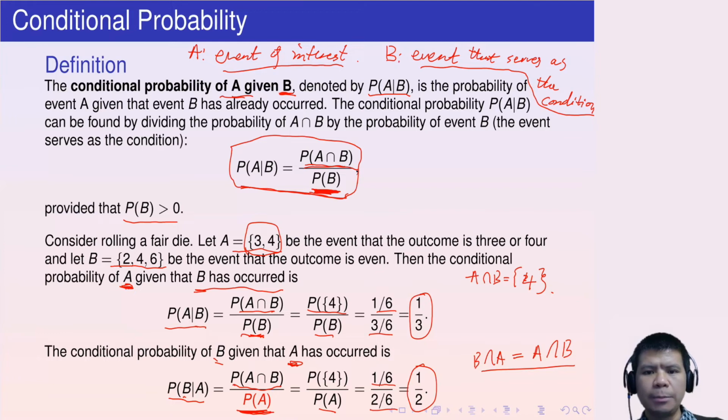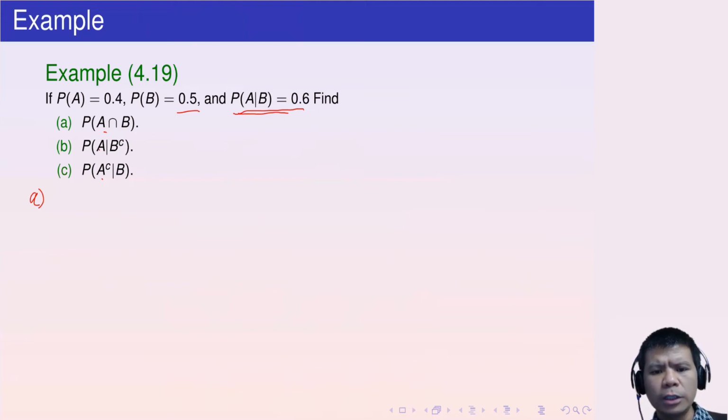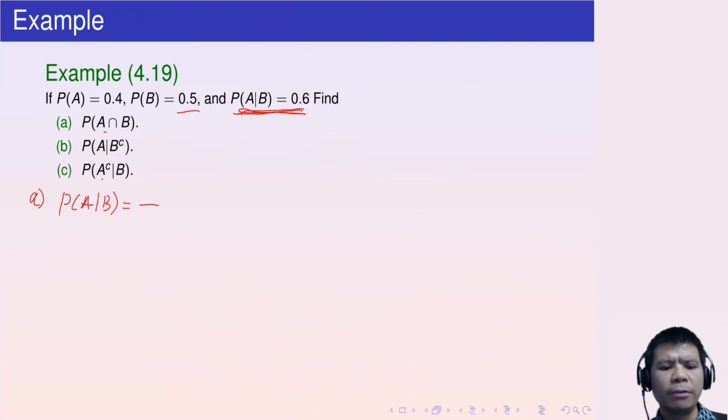Let's consider an example here. Given the probability of A is 0.4, the probability of B is 0.5, and the conditional probability of A given B is 0.6, we are to find these three quantities. Let's see how we can find part A. We have this conditional probability of 0.6, so let's consider it by definition.